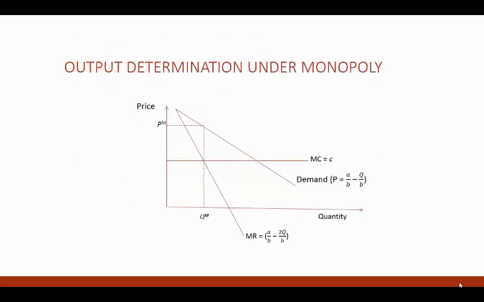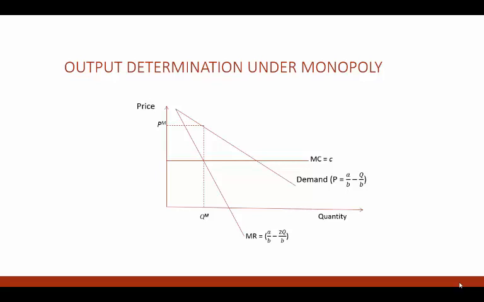Again, the market is shown as standard, with the price on the vertical axis and quantity on the horizontal axis. The monopolist's demand curve is drawn having rearranged her original demand curve to give it an inverse representation with P, the price, as the dependent variable. Graphing the marginal revenue function, we see that it's everywhere lower than the demand curve beyond the first unit, and is actually twice as steep as the demand curve.